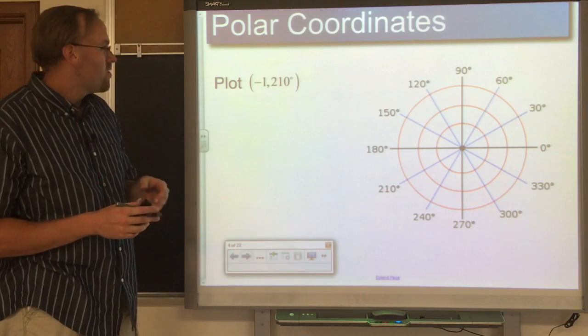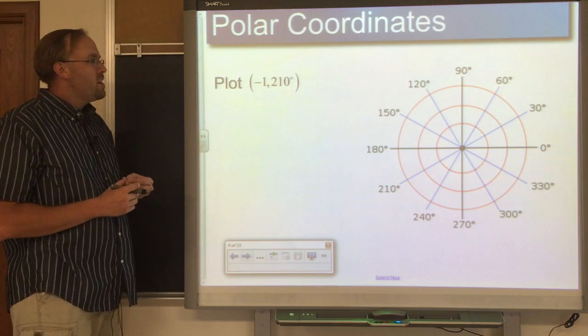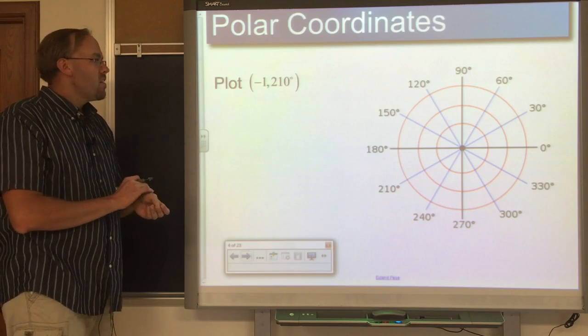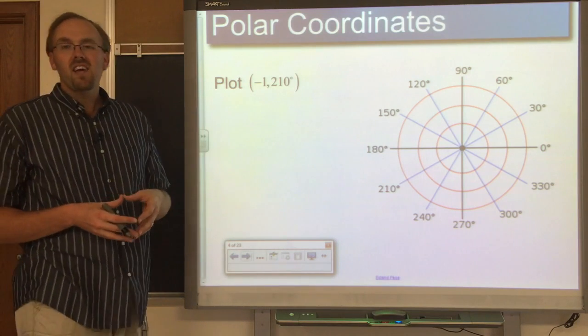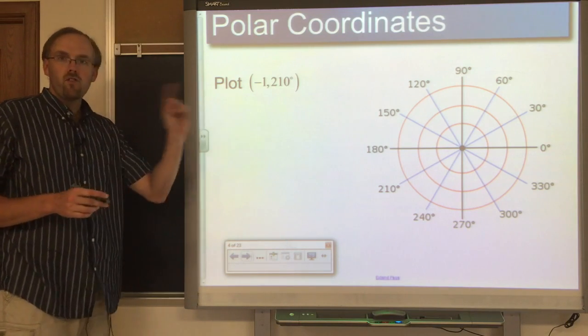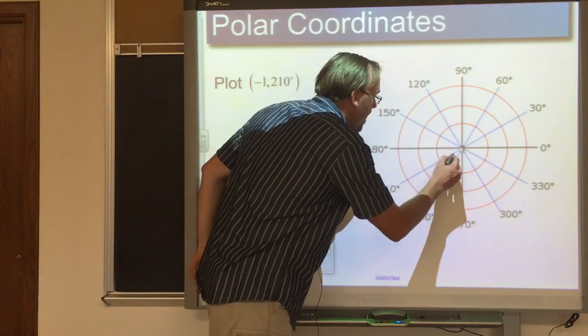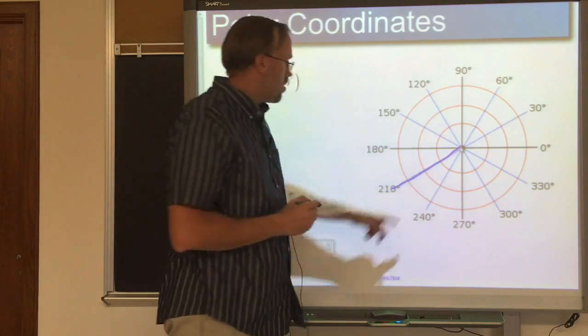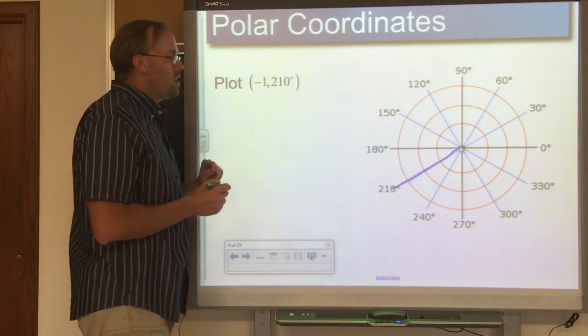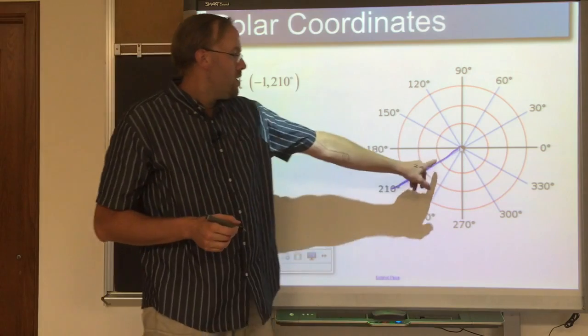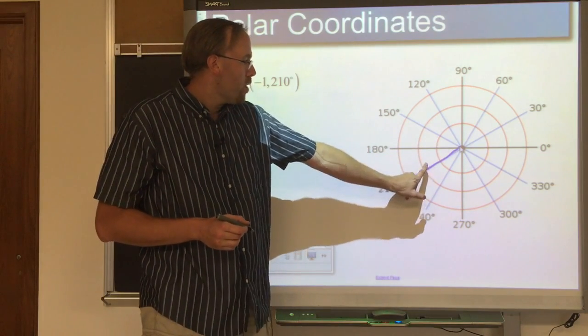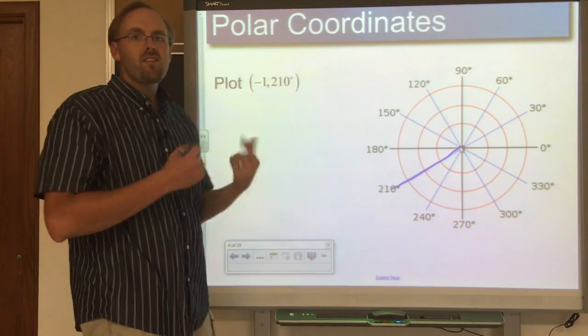Let's do another one. 210, negative 1. Now this often gets people, how you can have a negative 1 value. Well, let's first identify the angle. The angle that we're looking at is 210. So right here. Now if it were 1, it'd be right here. If it were 2, it'd be right here. If it were 3, it'd be right here. But it's negative 1.